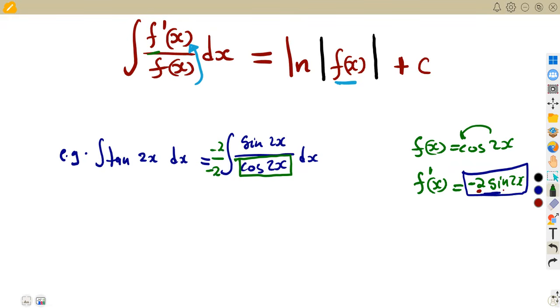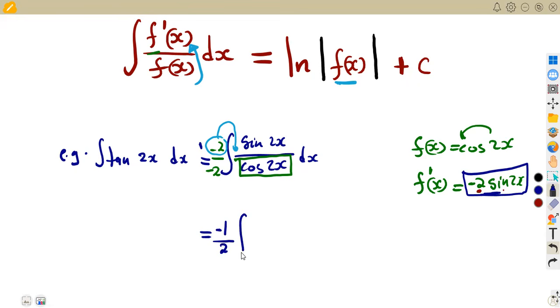What are we simply doing? Remember, a constant multiplying an integral can be taken inside of the integral. If we take minus 2 inside, it means we are going to remain with 1 over minus 2, of which 1 over minus 2 is the same as minus a half in this case.